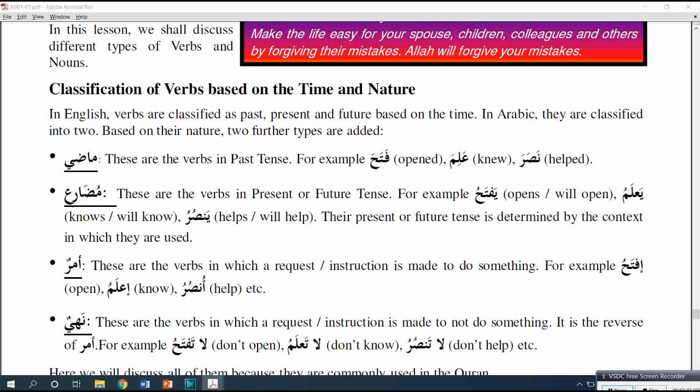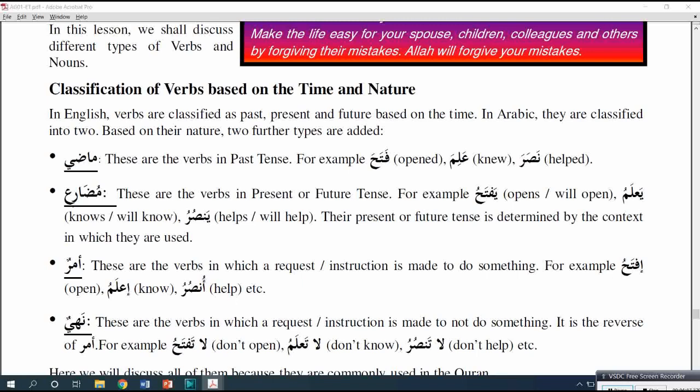Ana ya'lamu, I know, or in future I will know this. So both meanings might happen, but you will know whether we are talking about today or the future from the overall scenario of the sentence.